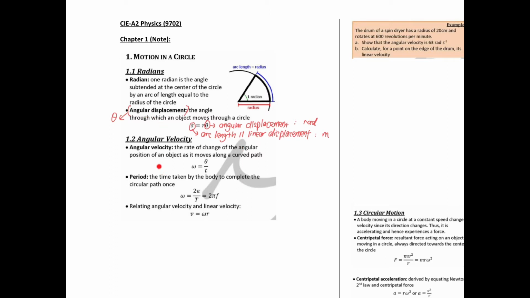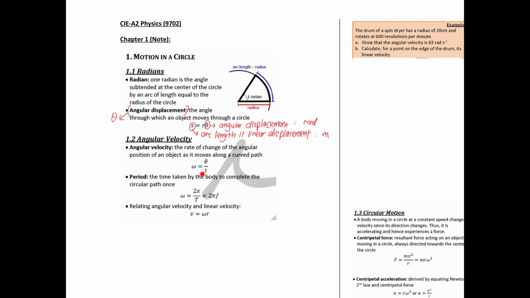Displacement and velocity are related in this way: displacement divided by time, you get velocity. Likewise, over here, angular displacement, which is theta, you divide by time, then you get angular velocity.